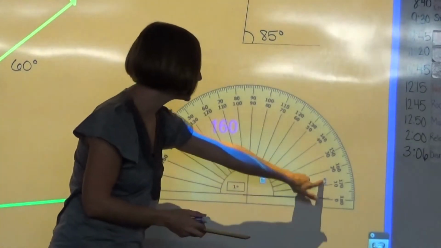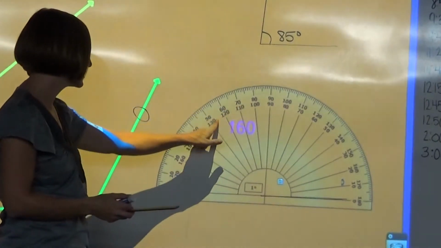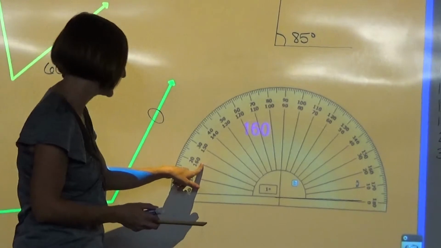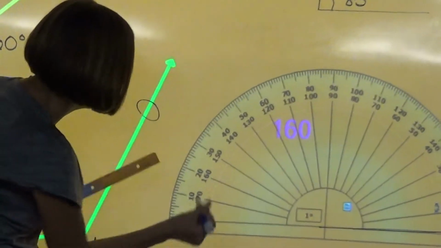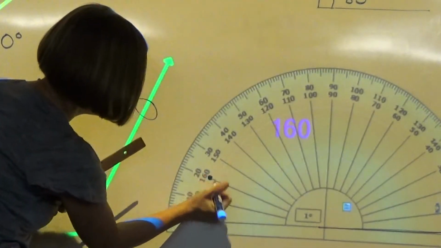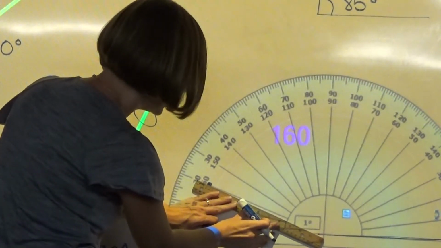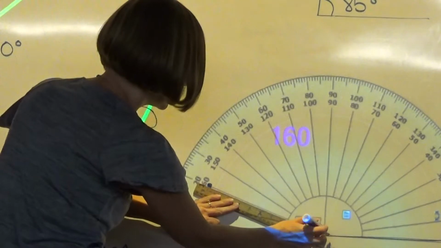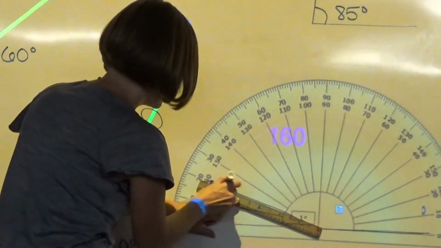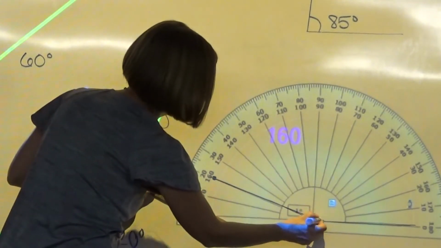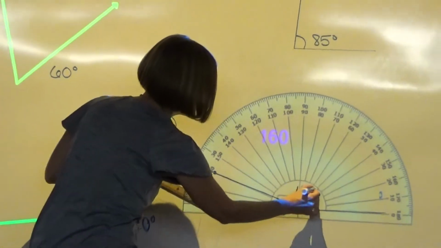Since it's obtuse, I'll use the bottom numbers again this time. And I want 160 degrees, which is right here. You can move your protractor and then connect. And now this obtuse angle is 160 degrees.